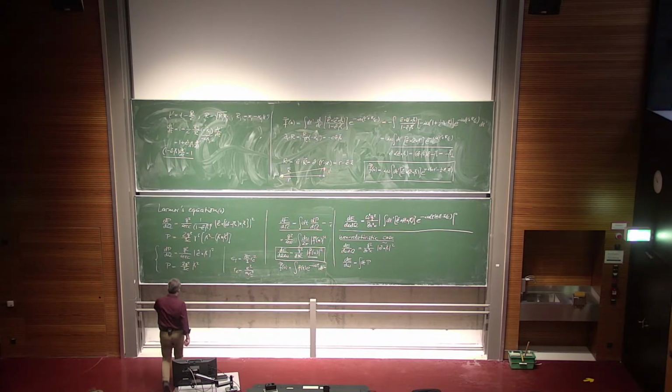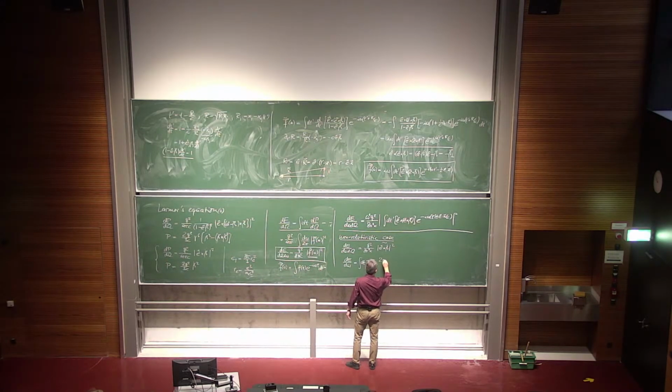Now I can insert the non-relativistic complete Larmor power. So this is 2q squared divided by 3c. And now let me write the spectrum right away.